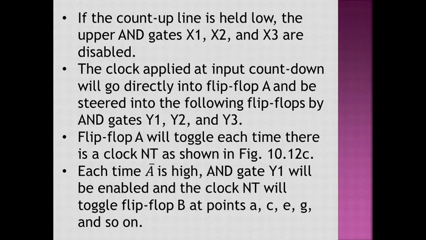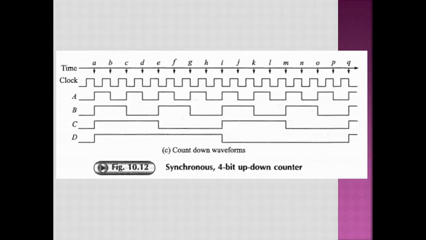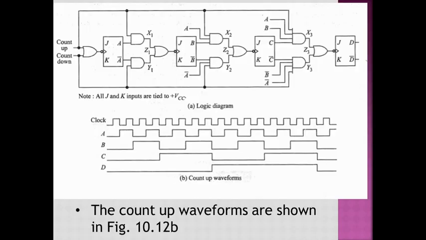Flip-flop A will toggle each time there is a clock negative transition, as shown in figure 10.12c. Each time A bar is high, AND gate Y1 will be enabled and the clock negative transition will toggle the flip-flop B at A, C, E, G and so on. You can see the same thing in this circuit diagram.